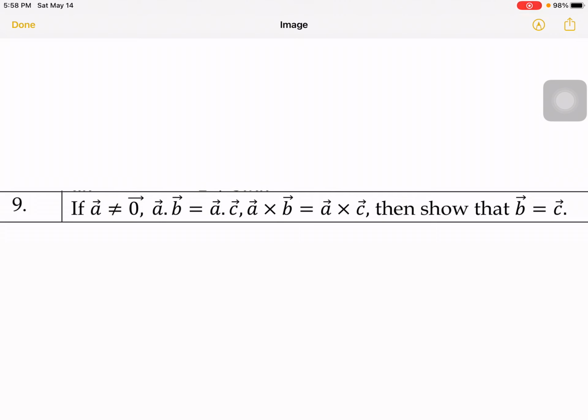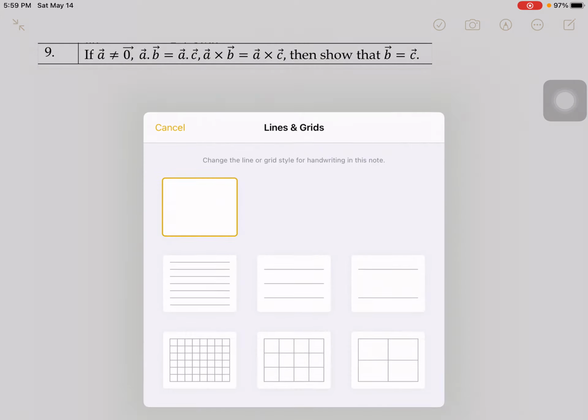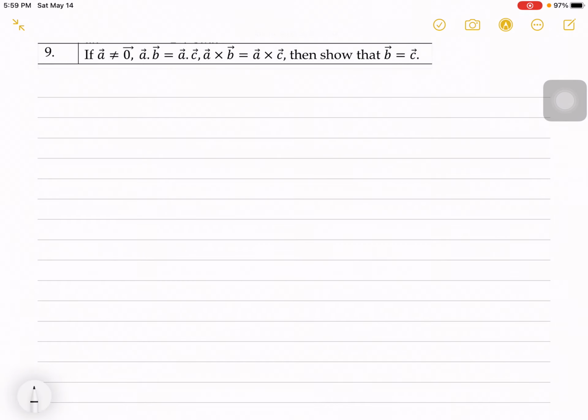It is a very important question, and we will use the deep concept of vector theory here. The question is: vector A is not equal to 0 vector, and vector A dot vector B is equal to vector A dot vector C, and vector A cross vector B is equal to vector A cross vector C. Then show that vector B is equal to vector C. We will solve this using the vector theory concept.